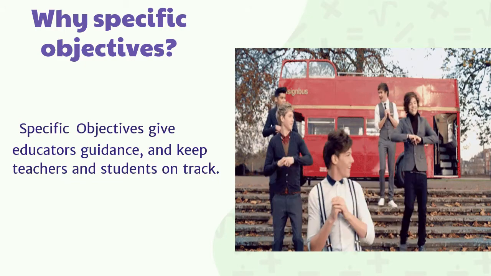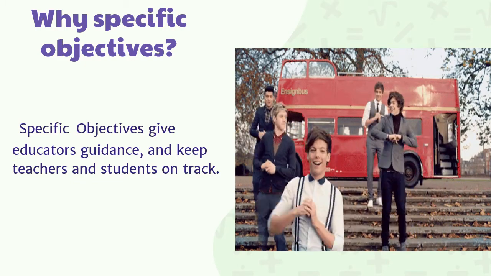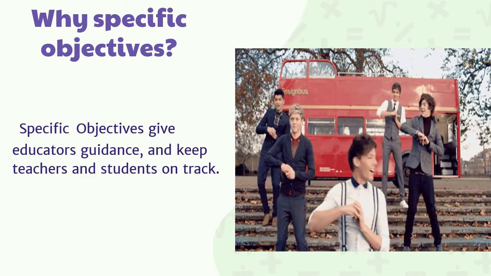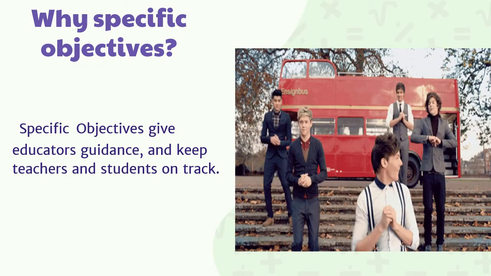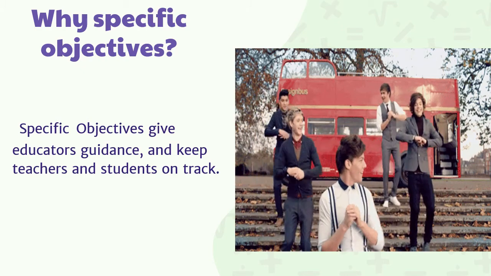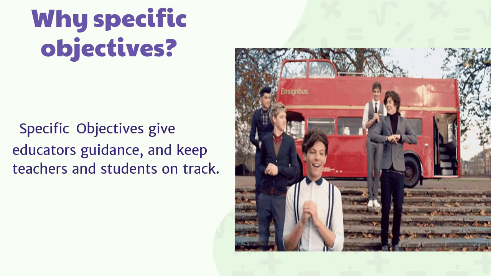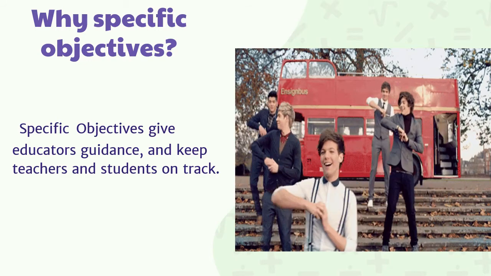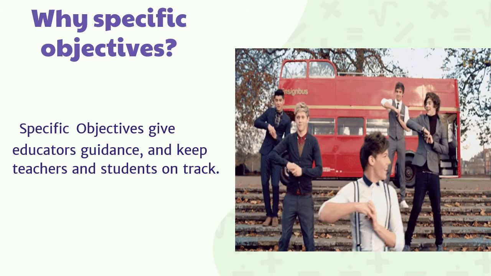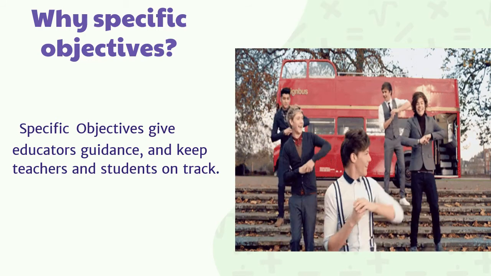Specific objectives give educators guidance and keep teachers and students on track. Both the teachers and students will know what is going on, what the intended outcomes of each lesson or teaching activity are. So they determine the direction.